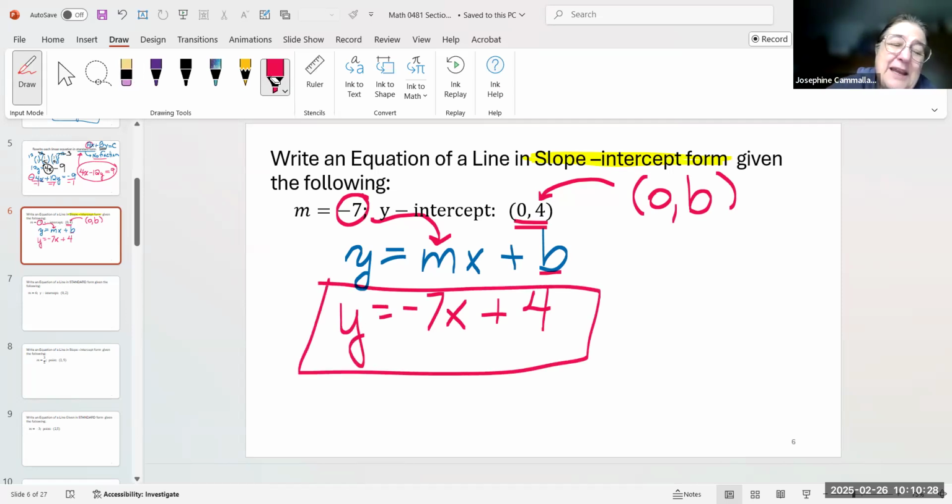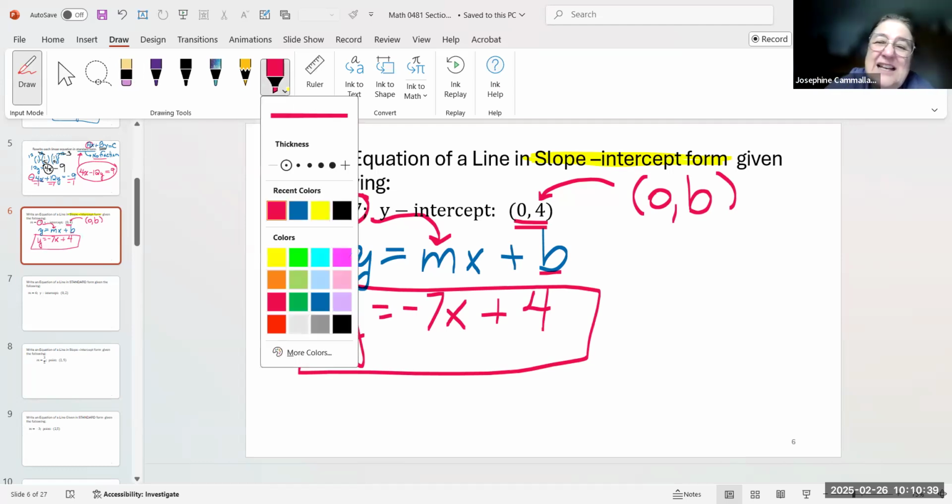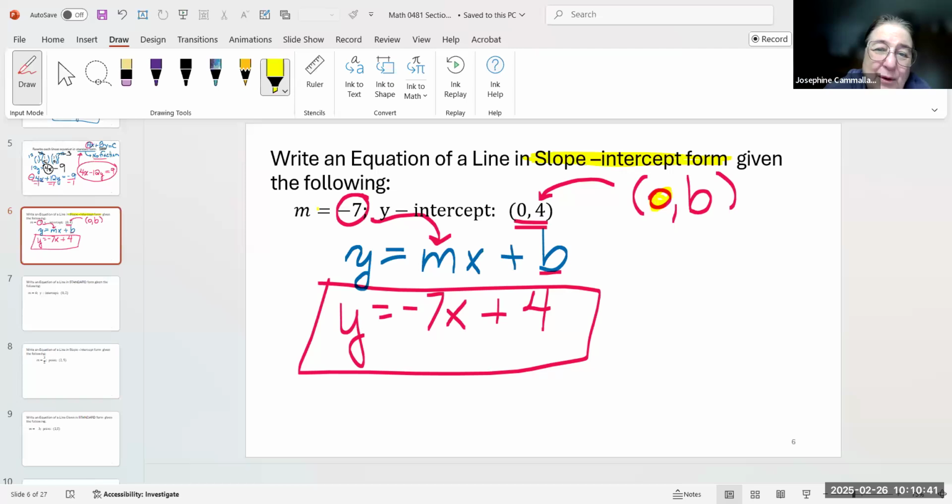This is my equation in slope-intercept form. Intercept has a 0 for x when b is the number, and b goes right there.